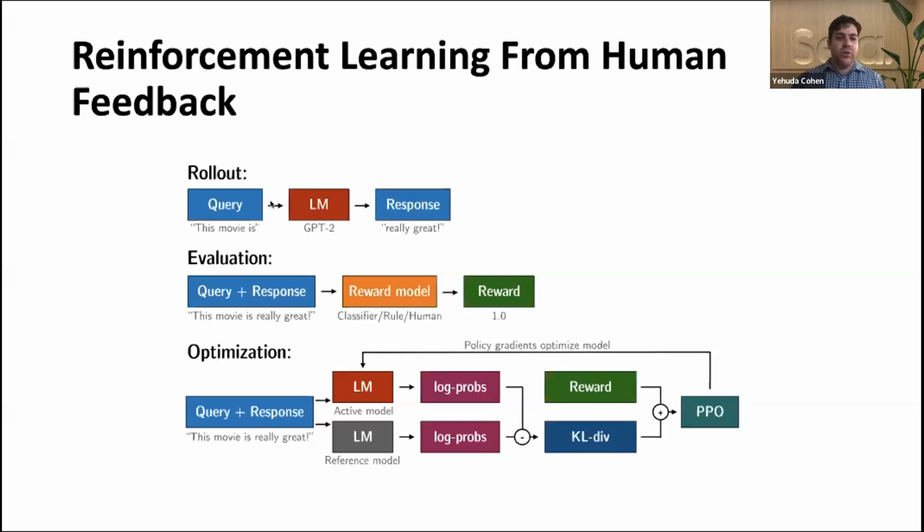And so we take that reward component from our evaluation, but we also add an additional component to that reward, which is that KL divergence, and we create a new set of gradients which we're going to reincorporate into our active model.